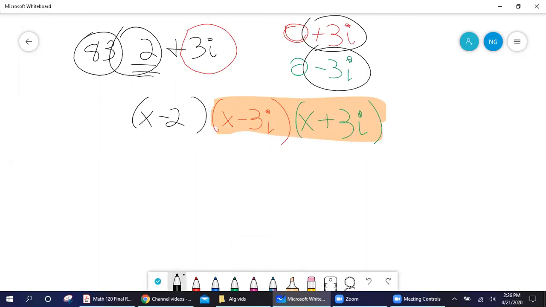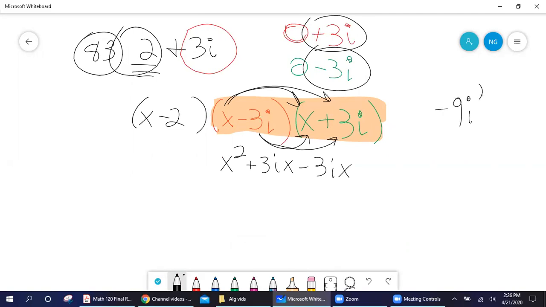If I do that, I've got x squared plus 3i x minus 3i x. Now in the back, you got to be careful. That's going to be negative 9i squared. But i squared is negative 1, so that's going to be plus 9. So all of this stuff simplifies just x squared plus 9.